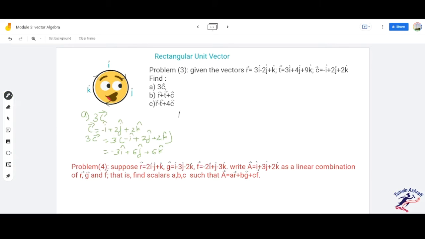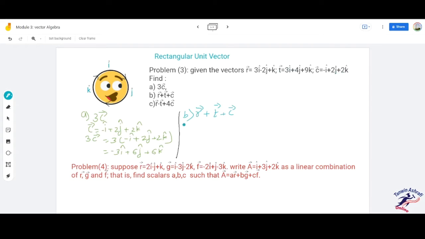Now for problem number 2, we had to find the vector R plus vector T plus vector C, and these three vectors are given in the problem.